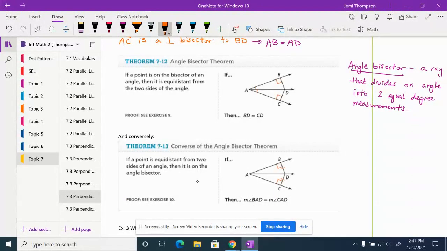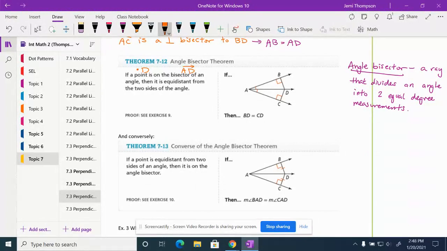So the angle bisector theorem says if a point is on the bisector of an angle, the point that this picture is talking about is point D, is on the bisector of an angle. The bisector is AD. Starts at A, goes through D.